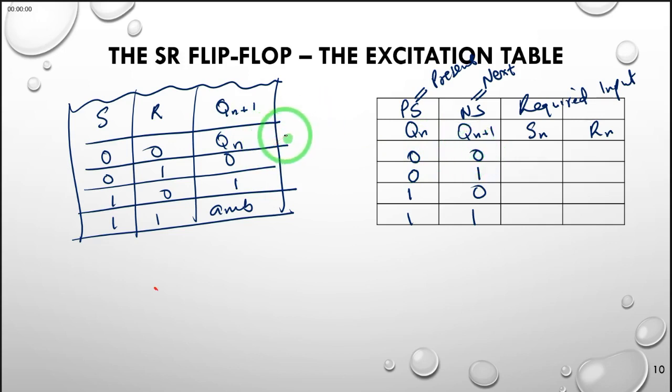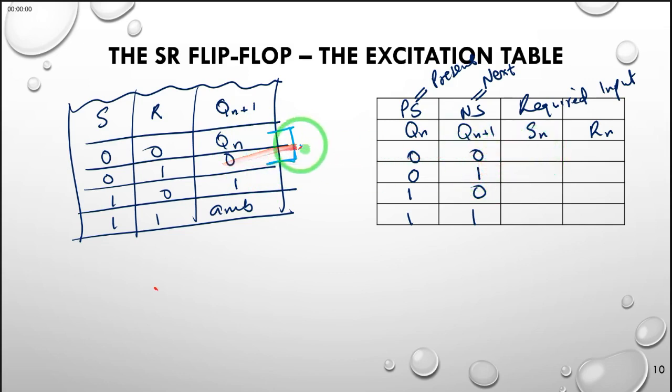We can get that state from two possible combinations. That is, the previous state was 0 and it remains 0, or the previous state was unknown and the next state will be 0. So these two rows represent the two possible situations when the next state will be 0.